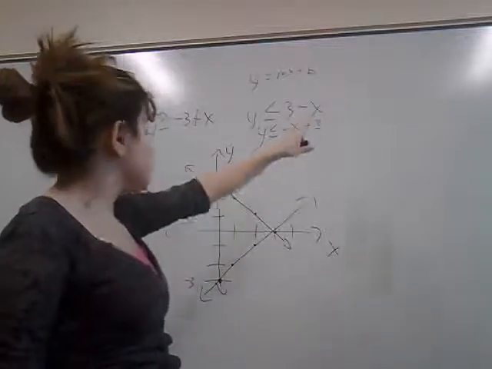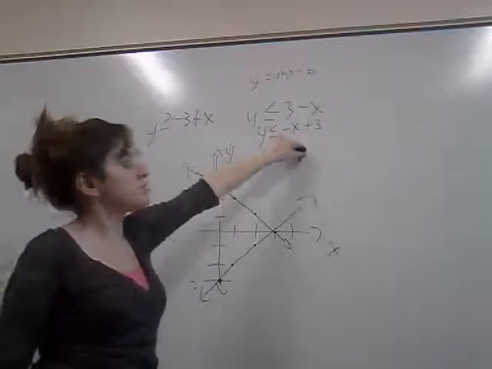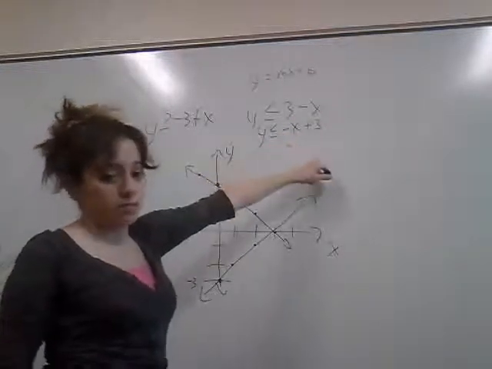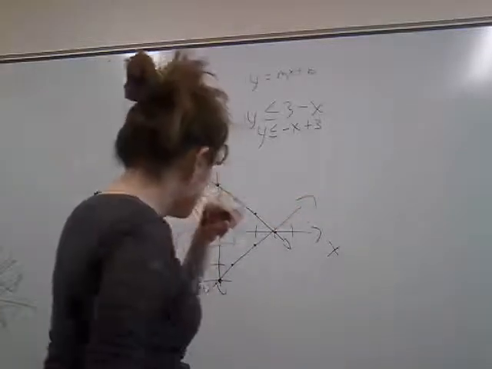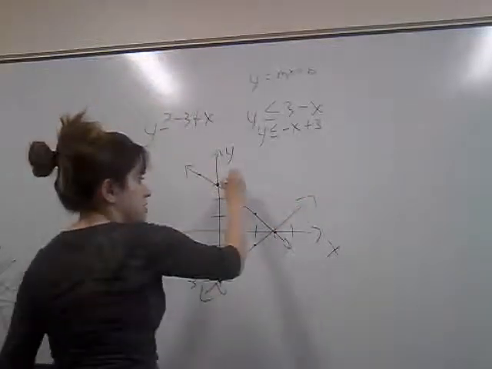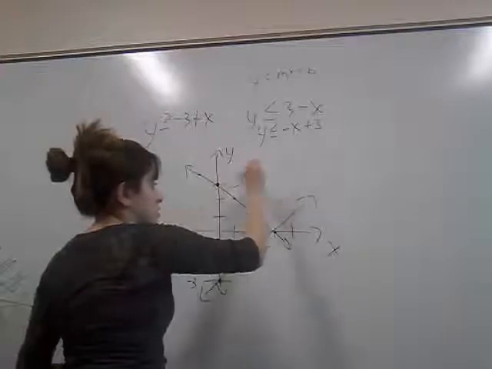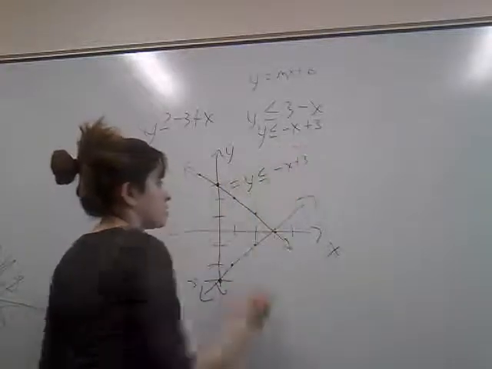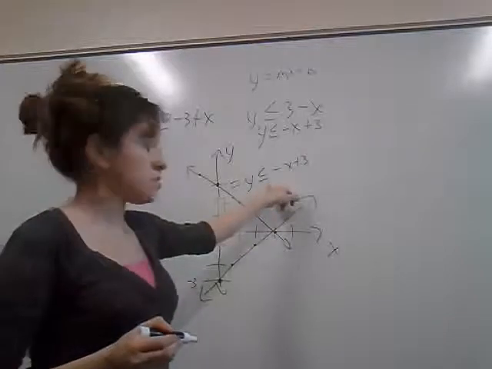Now, we also have to look at the directionality. So it says y is less than or equal to negative x plus 3. And so here's our equation. Y is less than or equal to negative x plus 3.